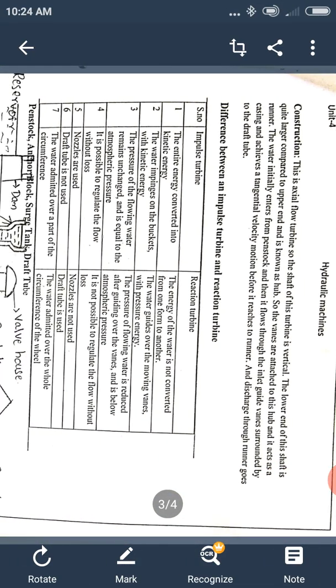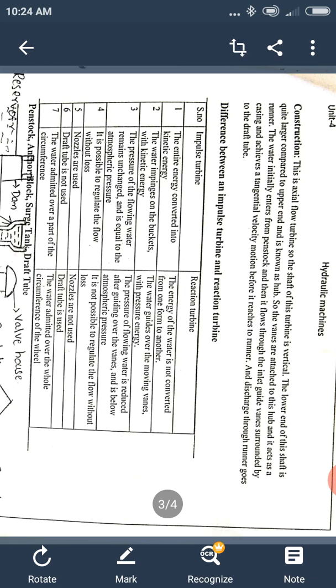As for construction, it is an axial flow turbine, so the shaft of this turbine is vertical. The lower end of the shaft is quite larger compared to the upper end, and is known as the hub. The vanes are attached to this hub and act as the runner.